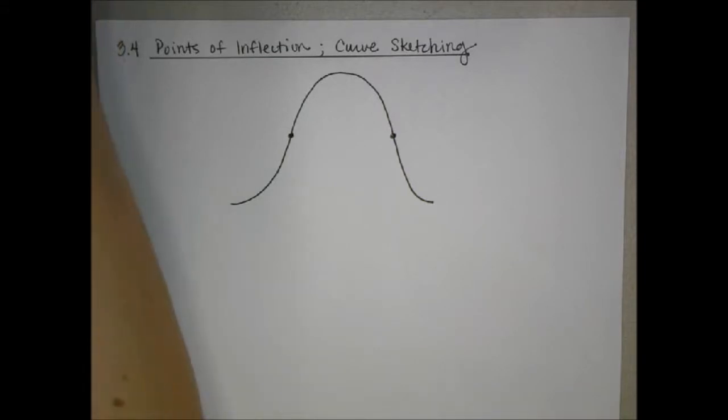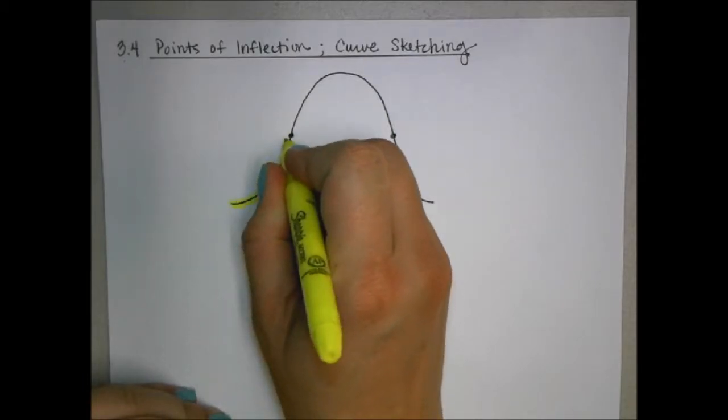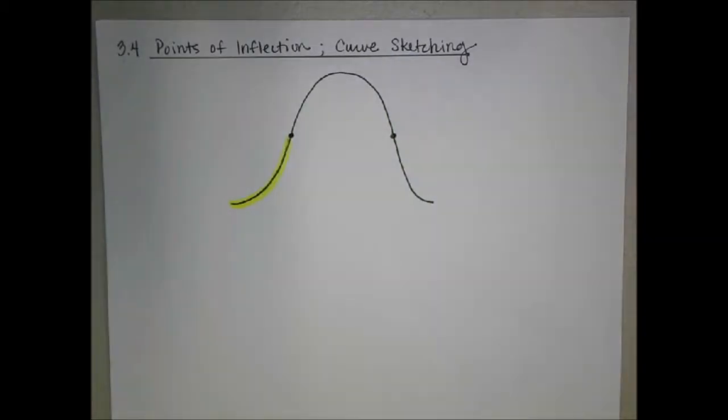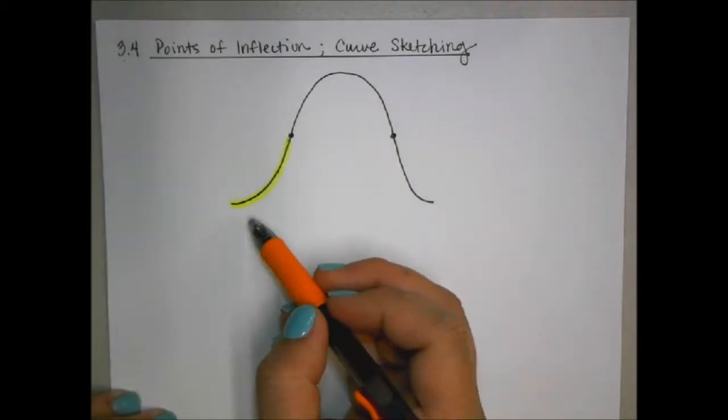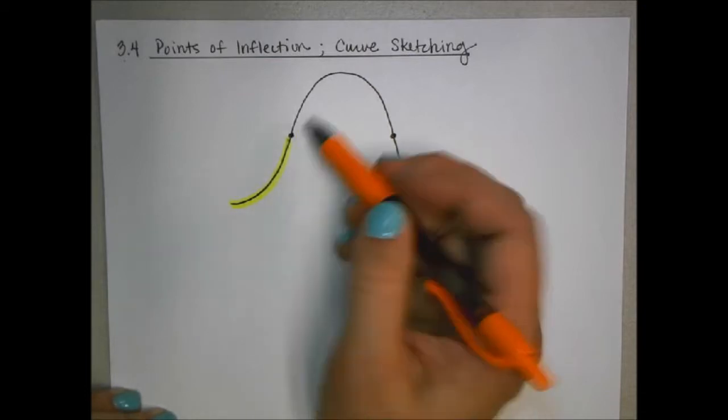So in our first section on the left, this curve is clearly increasing at an increasing rate. Notice if I drew slopes of tangent lines here, the slopes would become more and more positive.